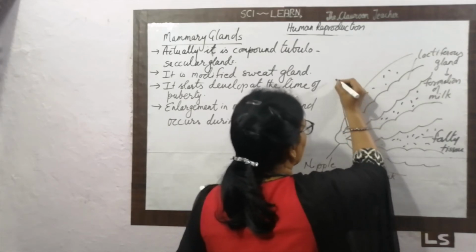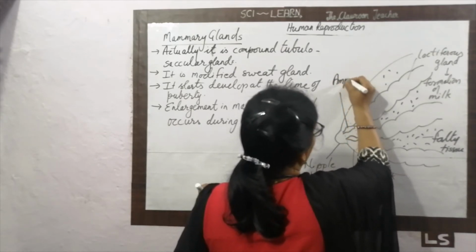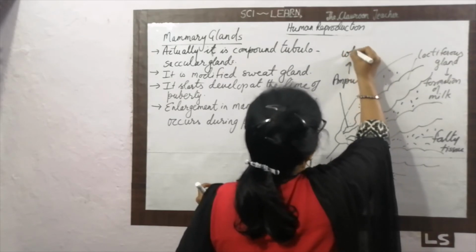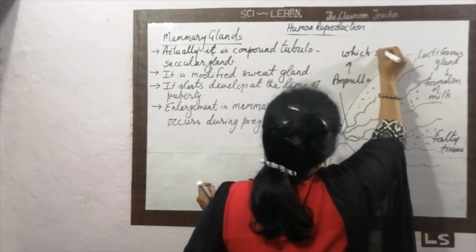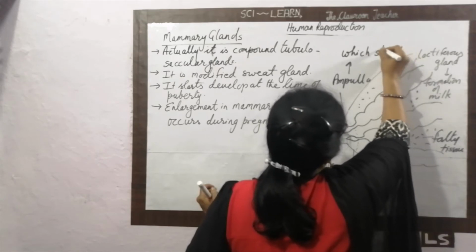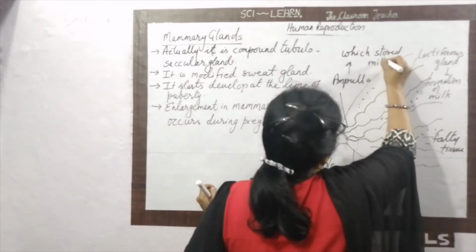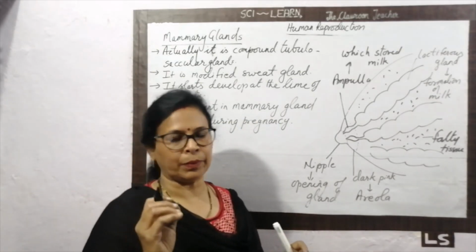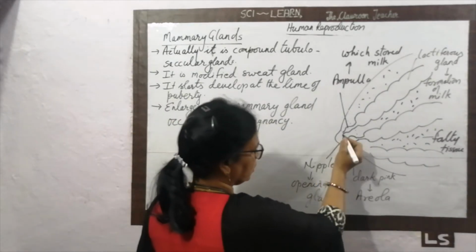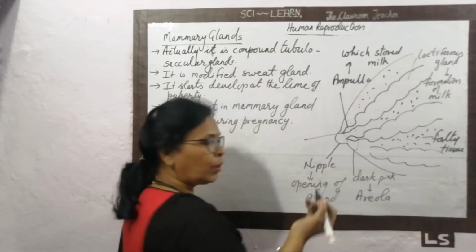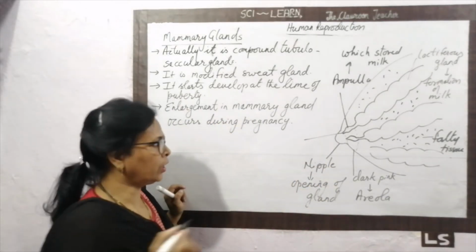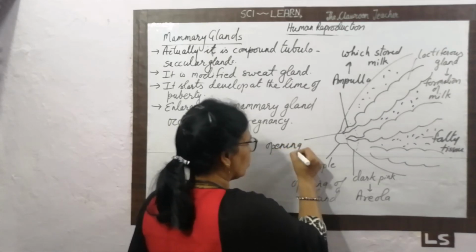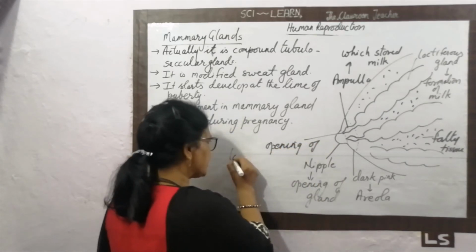This swelling is called the ampulla. The ampulla is the place where milk is stored, and it opens in the nipple.